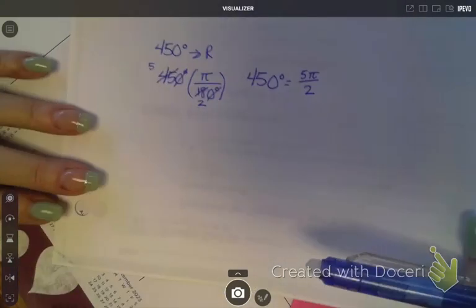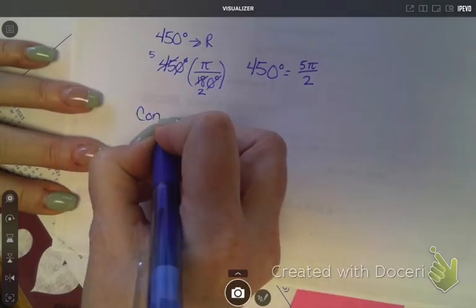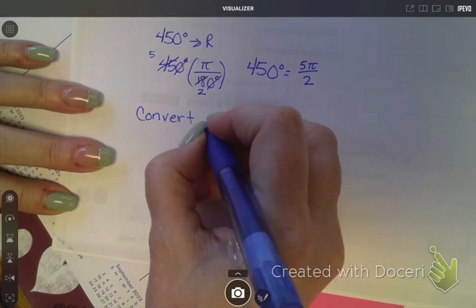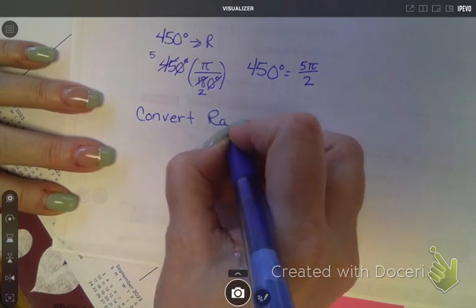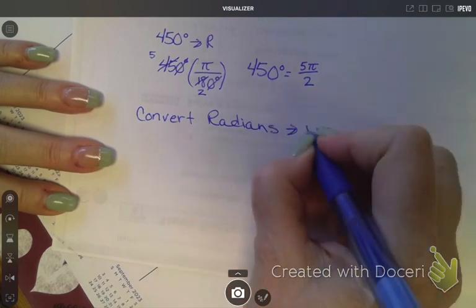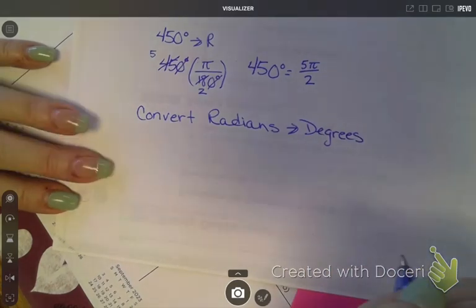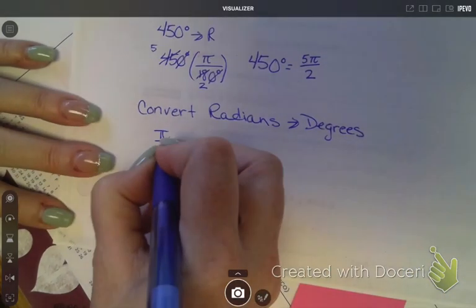So let's go from radians to degrees now. Convert pi over 6 radians to degrees.